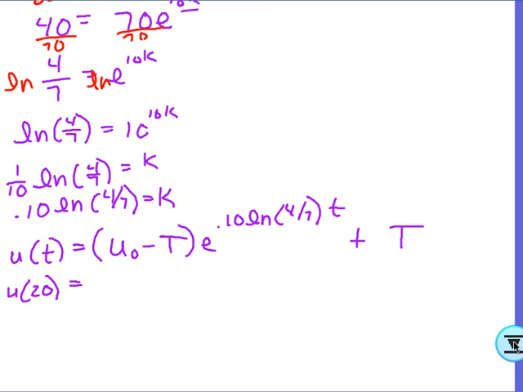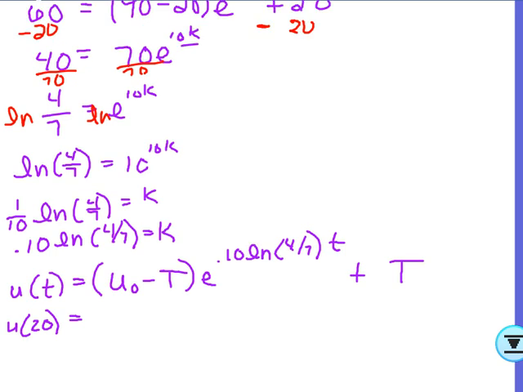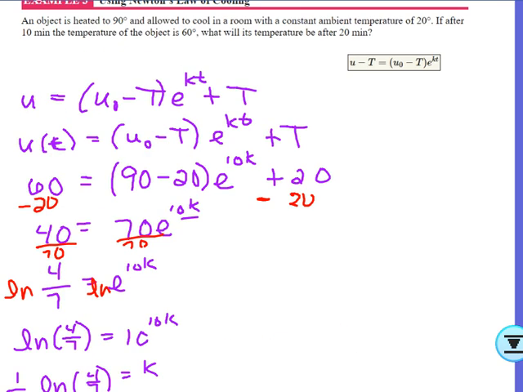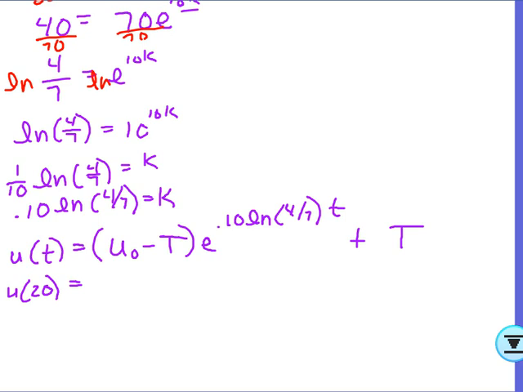My initial temperature was still, I think it was 90 up here. 90, my ambient's still 20, so it's going to be 90 minus 20, which will just be that 70 that we found earlier, e to the 0.10 natural log of 4/7 t plus 20, I believe it was.